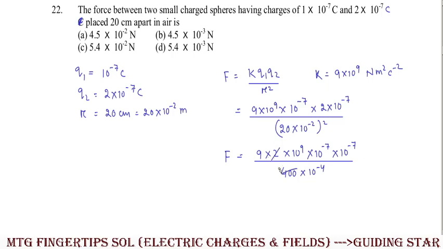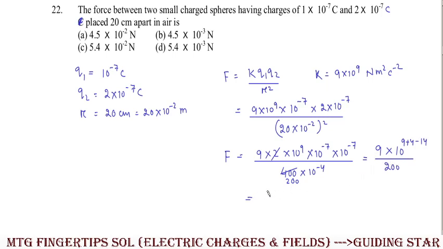So if we calculate, how much will it be coming? So 2, this will be 200. So finally it will be 9 into, if you take 10 to the 4 into the numerator, so 10 to the power 9 plus 4 minus 7 minus 7, that is minus 14, all divided by 200.